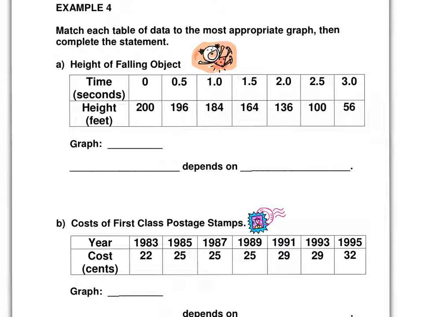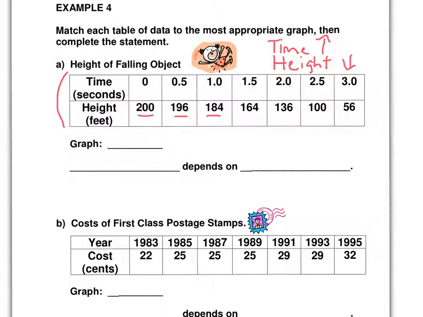So what is happening in this particular table? The time is going up, right? So you have time is going up. And then the height, what's happening to the height every time? The height is going down.